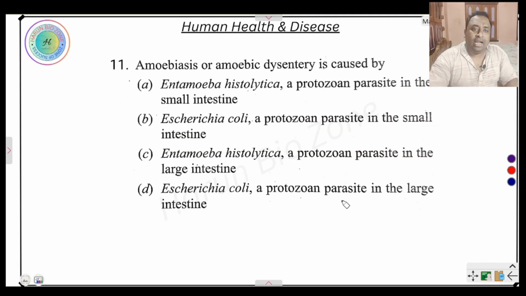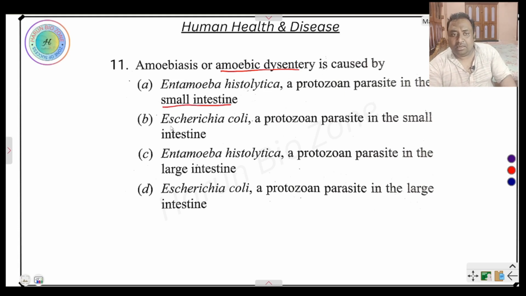Next question is, amoebiasis or amoebic dysentery is caused by Entamoeba histolytica, right? A protozoan parasite in the small intestine. No, it is not right. Not by Escherichia coli; it is Entamoeba histolytica, a protozoan parasite in the large intestine.